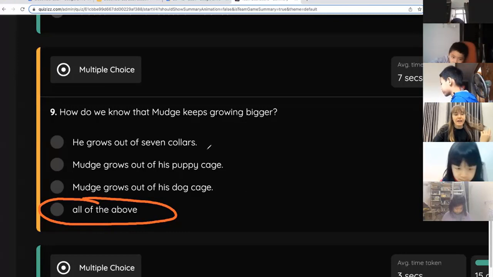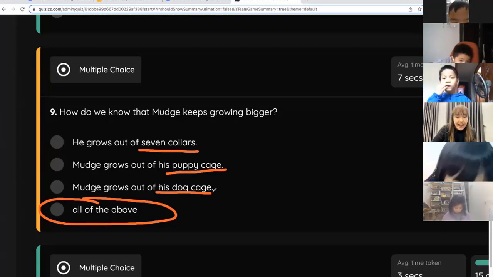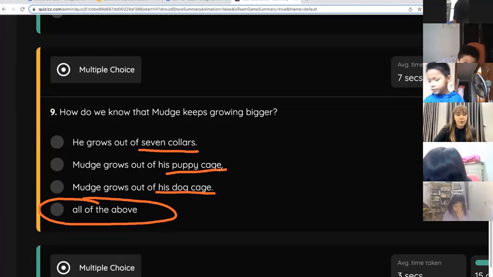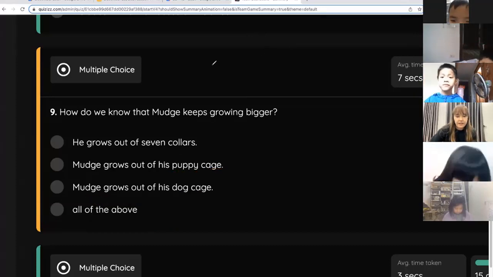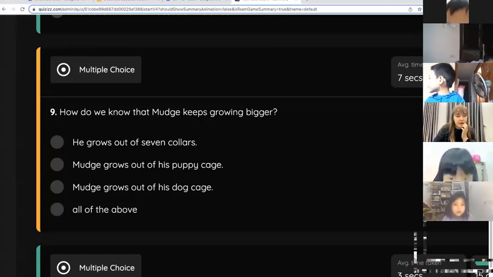From our story, we learned that Mudge grew out of 7 collars, so 7 things that go around pets' necks, that he grew out of his puppy cage and he grew out of his dog cage. So all of these things let us know that Mudge keeps growing bigger. So all of the answers were correct here. That was the only one that looks like we got the most incorrect. Good job, everyone.